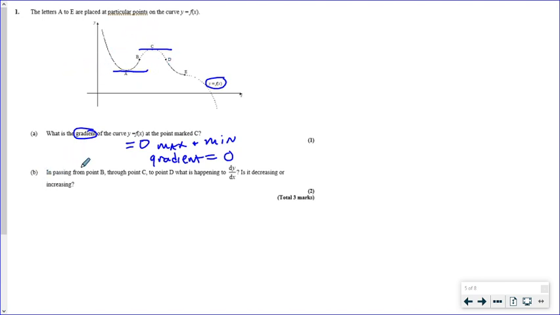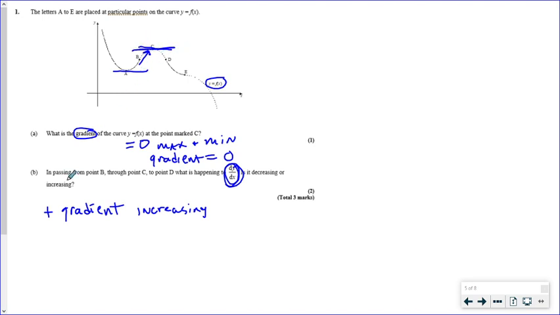Now for part B, if I'm going from B to C to D, they're asking what's happening to the derivative. That means what's happening to the gradient at those points. So if I go from B to C, I'm going up like that. My gradient is positive, so positive gradient means I'm increasing. And then at C, we said it's stagnant or stationary.